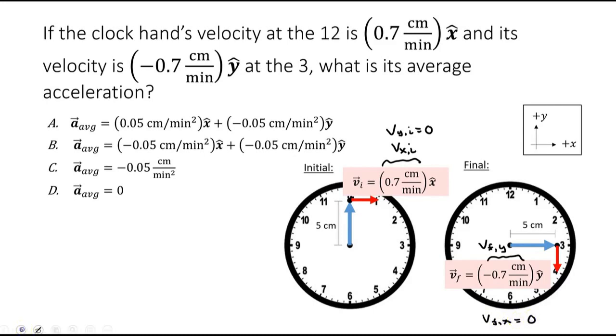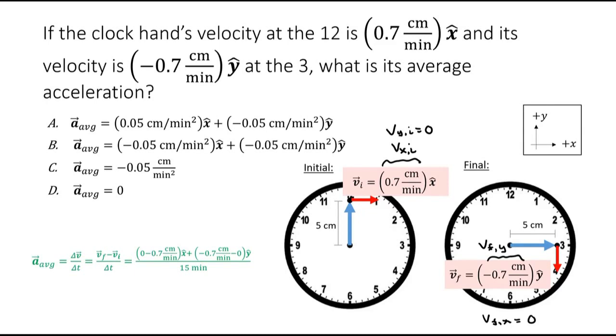All right, so now we're ready to think about our change in velocity over change in time, which is our average acceleration. We can just take our final minus our initial velocity in the x direction. So that's going to be 0 minus 0.7 centimeters per minute. And then we'll also want to think about our final minus our initial velocity in the y direction, which is going to be minus 0.7 centimeters per minute minus 0.